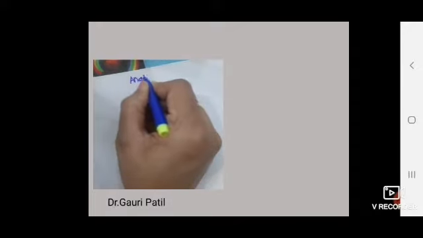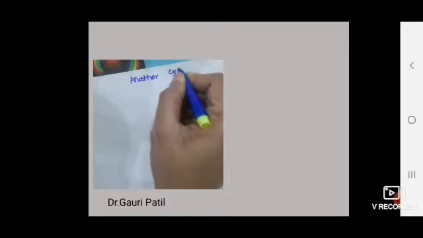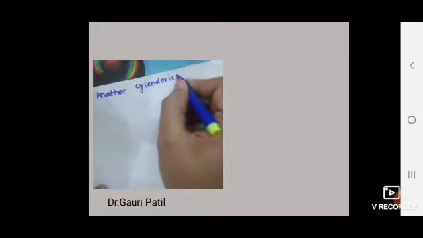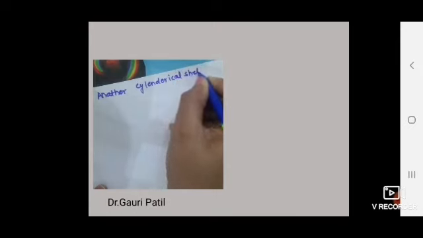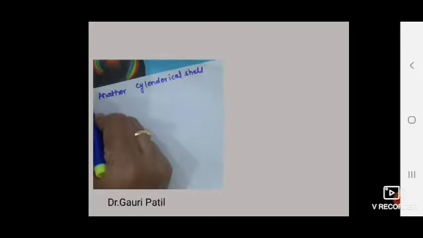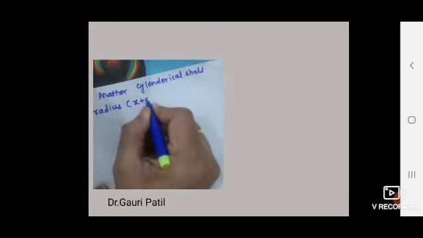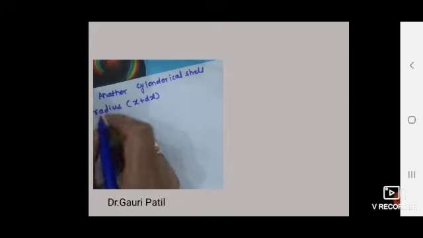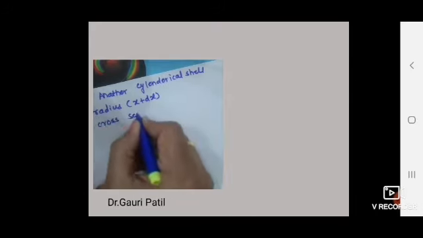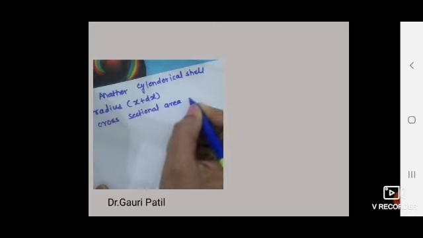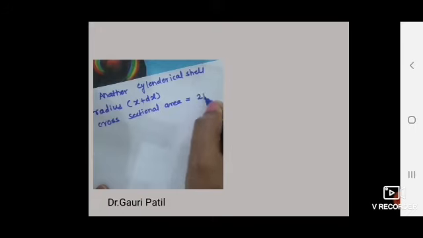We will consider another cylindrical shell with radius x plus dx and cross-sectional area equal to 2 pi x into dx.